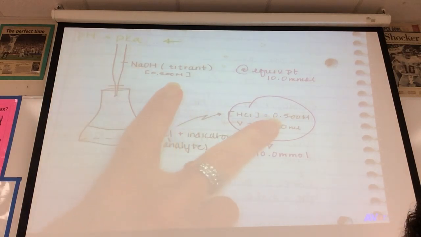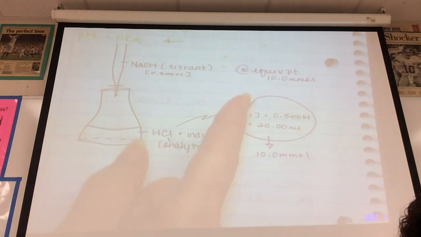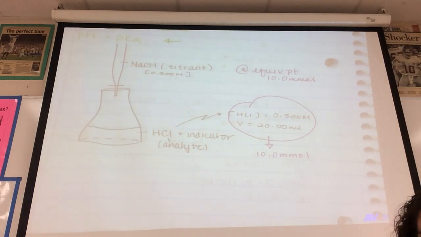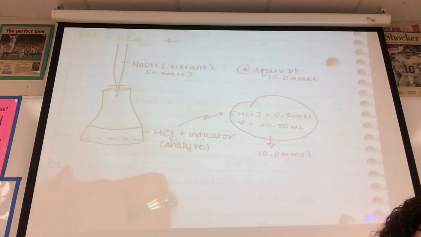Exactly. So if they have the same concentration, they'll have the same volume at the equivalence point. If not, you could figure it out very simply. To get the volume, keep in mind here concentration is equal to millimoles over the volume in mils.